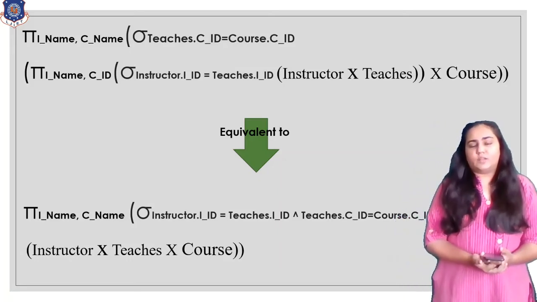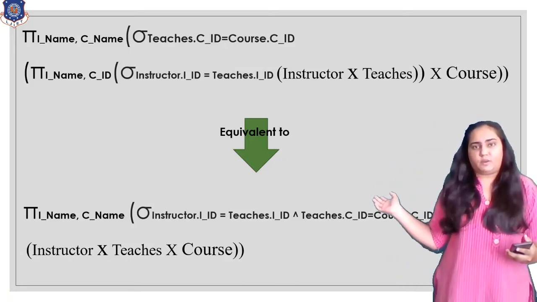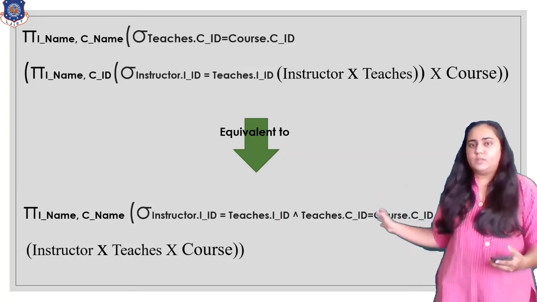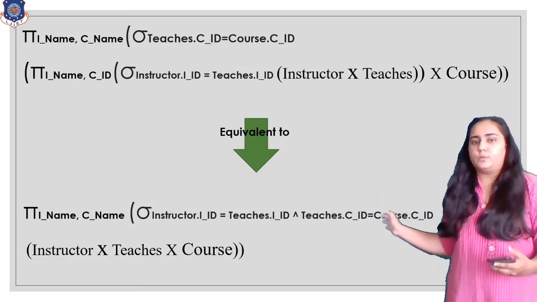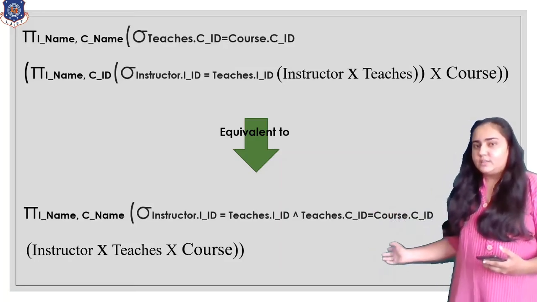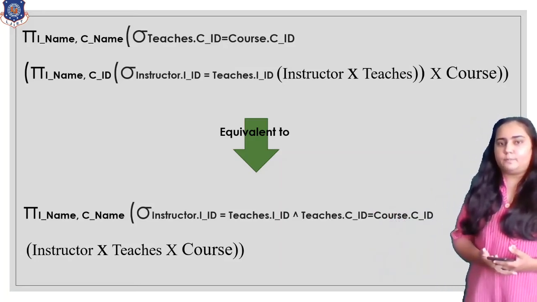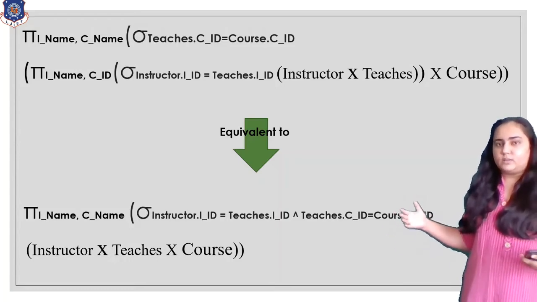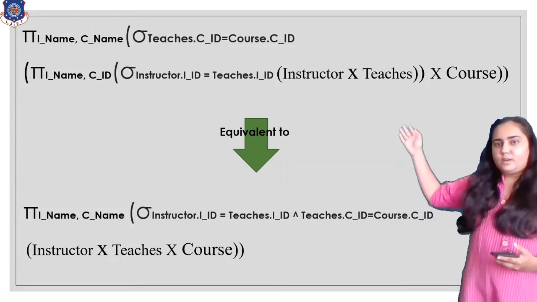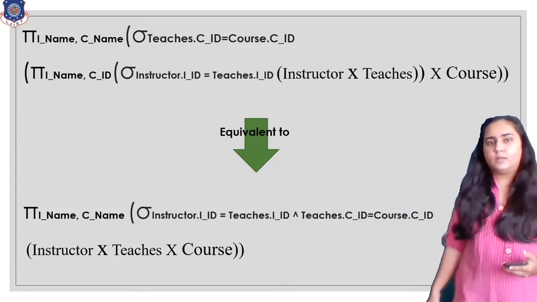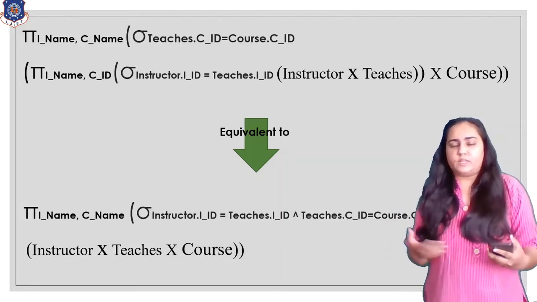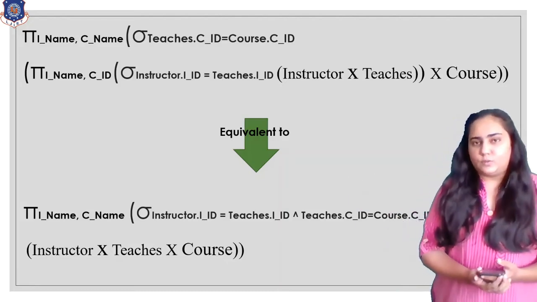So this is how you can simplify your query to make it look better. When you do this, you can see already there's a considerable decrease in the number of brackets used here. There are only 4 here, 2 closing and 2 opening brackets, whereas that side we had 3. So if you want to write your query in a better manner, you can do this.